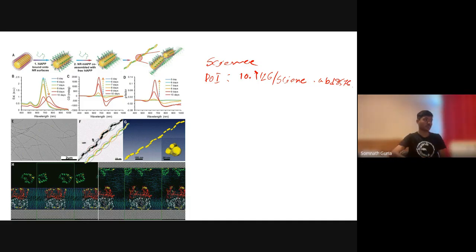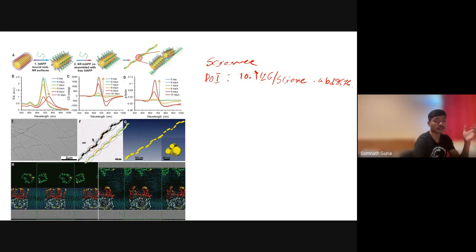Okay, this is another phenomenon for which they took a gold plasmonic nanoparticle and exposed it to a small amount of higher peptide chain onto the nanosurface. They try to bind the peptide chain onto the nanoparticle surface.